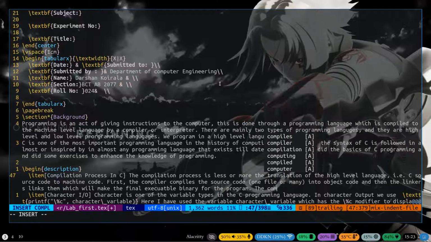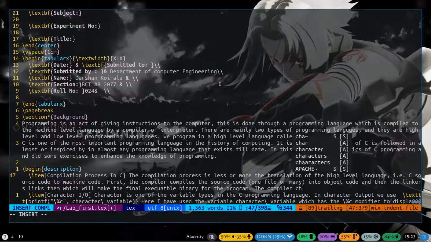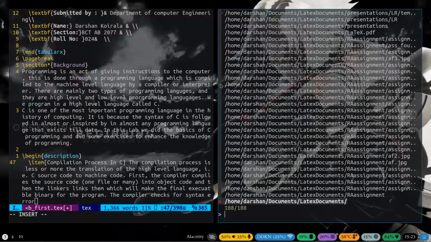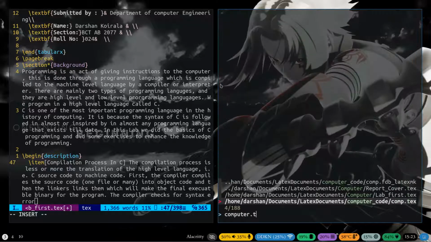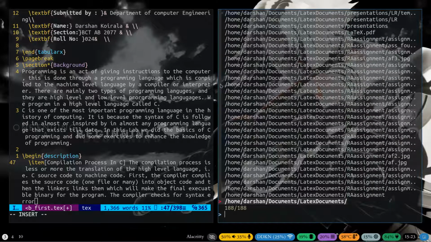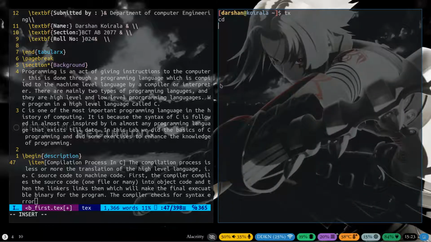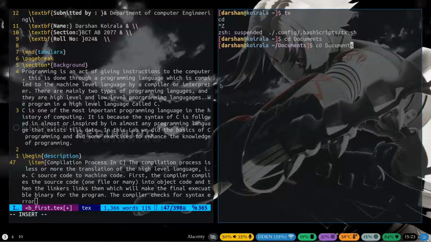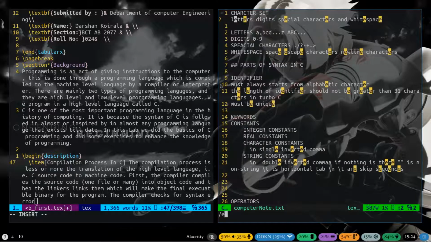The compiler checks for syntax errors. What are the errors? What was the kind of error?